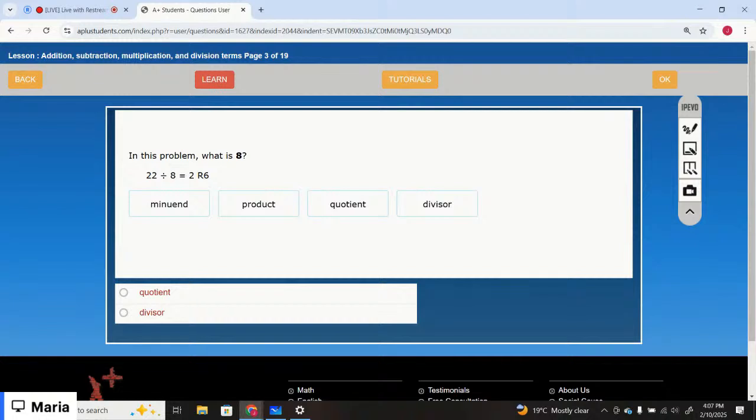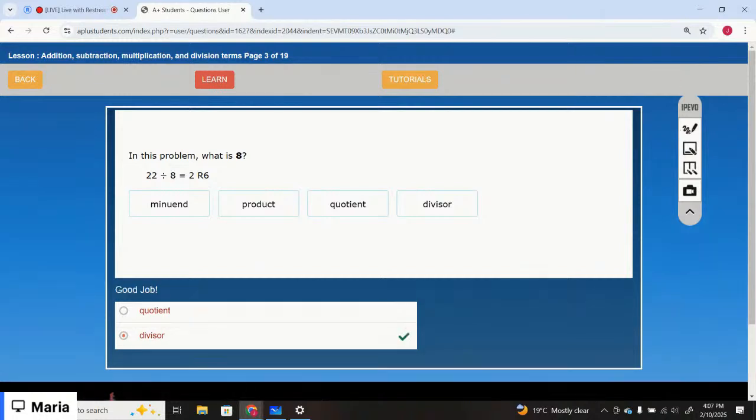In this problem, what is the 8? 8 is the divisor. Option number 2 is the correct option. Very good.